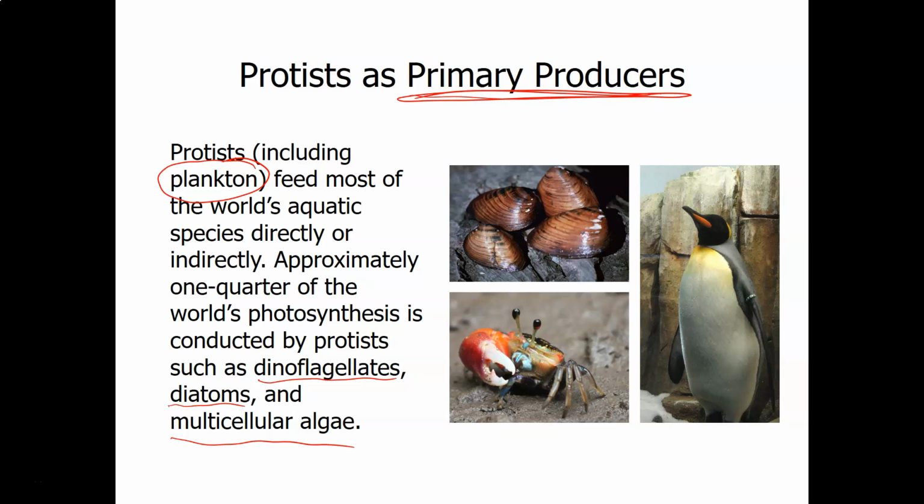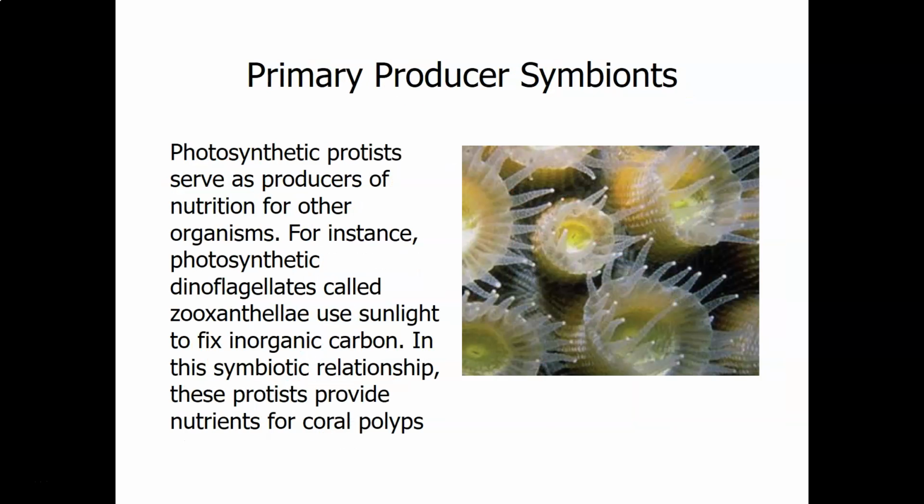And there are more examples. Any of the algae, whether it's unicellular, multicellular, colonial, is going to be a primary producer. And Euglena would fall into that because Euglena can carry out photosynthesis. So any of your protists that carry out photosynthesis.